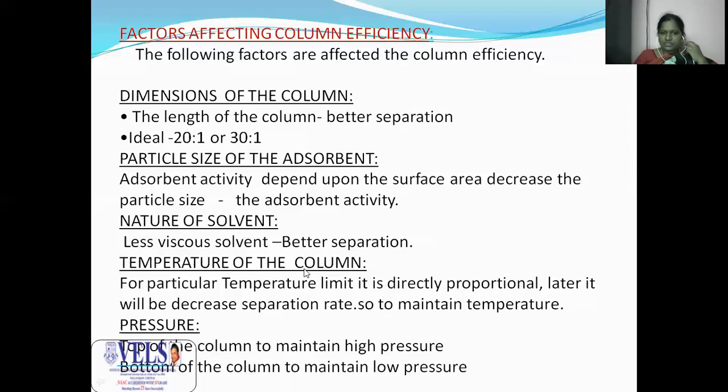For temperature, up to a particular limit it is directly proportional: if you increase it, the efficiency also increases. Beyond the limit, the nature of the substance will be affected, so you should maintain the optimum level. The last one is pressure: at the top of the column you should maintain high pressure, and at the bottom of the column, low pressure.